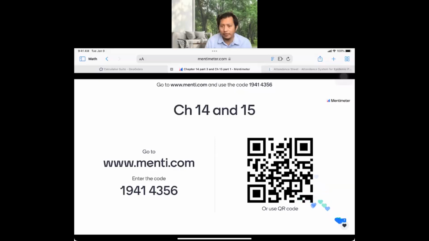But I think not 2 pi, but should be pi, right? Should be pi. You need to make sure of the point, because it's 2 cosine theta, right? 2 cosine theta. So it should be 0 to pi over 2 and then multiply by 2.